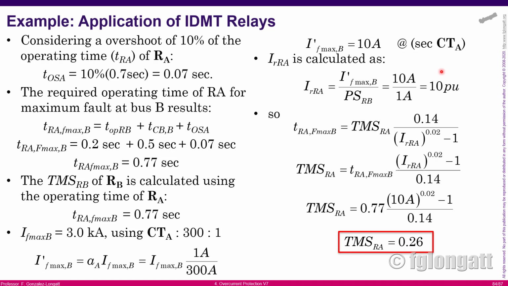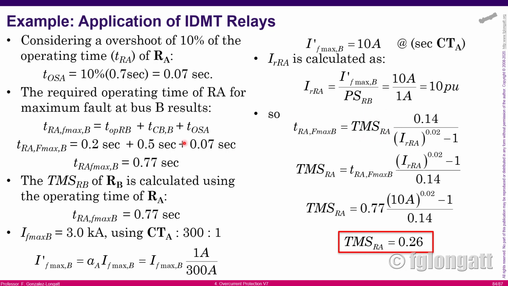Now, what I am doing is trying to define the time setting of the relay A, okay? Now you can see here again the equation that defines the IDMT relay characteristic, time versus current. And you must remember that this is the operating time, this is the per unit current, and this is the time setting, okay?